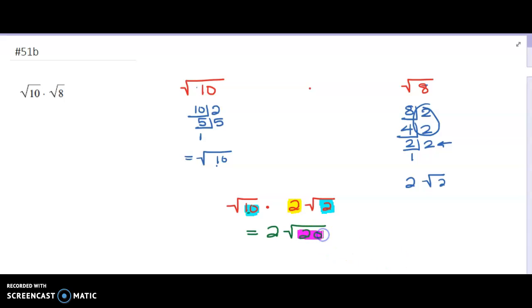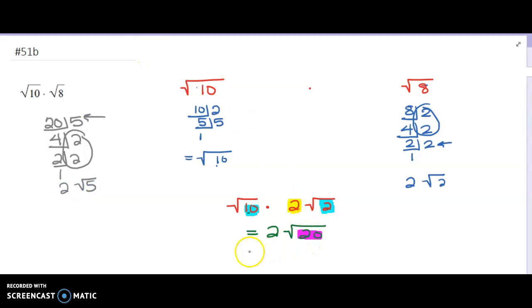Now we have to look at this square root of 20, and we have to see if it can be simplified. So if I break 20 down, 5 goes into 20 4 times, 2 goes into 4 twice, 2 goes into 2 once, 1, we're done. So square root of 20 breaks down into 2 square root of 5.